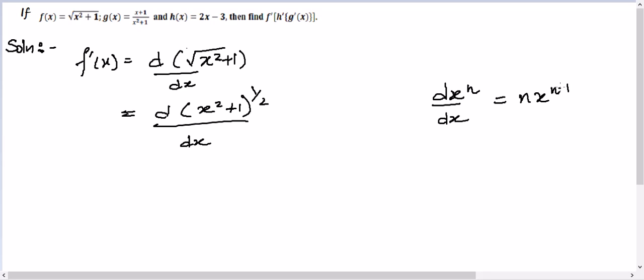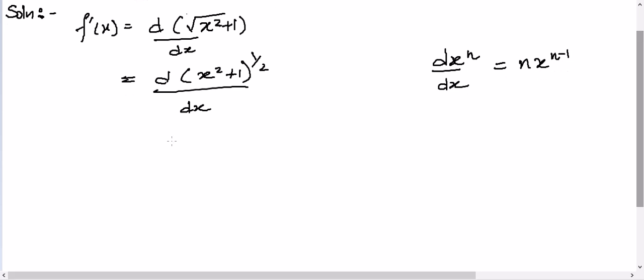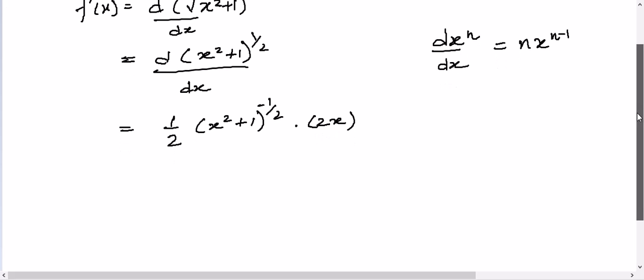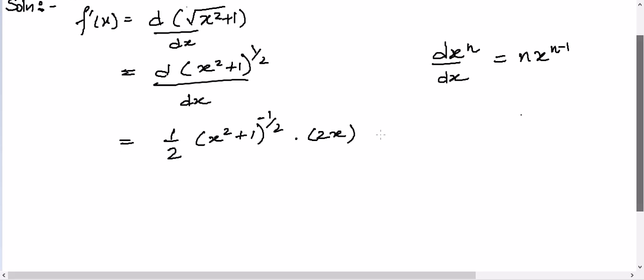So we get half into (x square plus 1) to the power 1 by 2 minus 1, which is minus 1 by 2. Now when we differentiate x square, it will be 2x, because we have used two things here: first this formula and next the chain rule. So 2 and 2 get cancelled, and it will be x by under root x square plus 1.